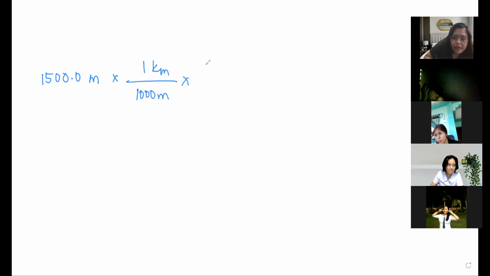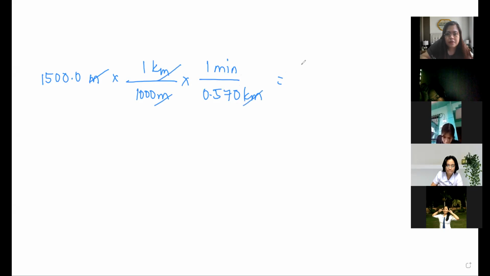So let us begin again the computation. What was the given? 1,500 meters, times one kilometer per 1,000 meters. And then what was the other given? In one minute, 0.570 kilometers. So meters and meters cancel, leaving kilometers. This is 15 minutes.